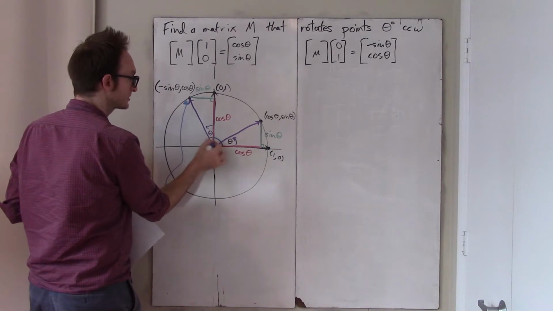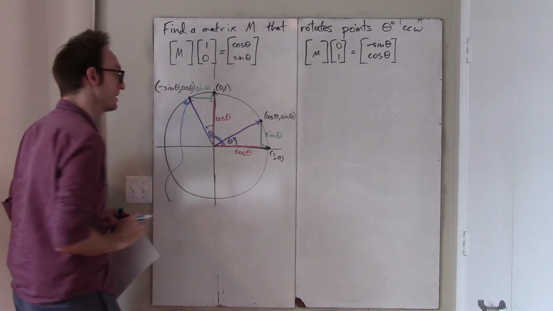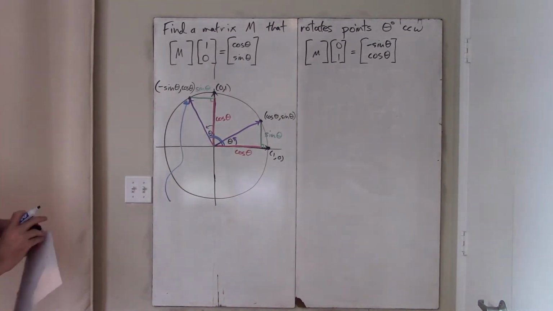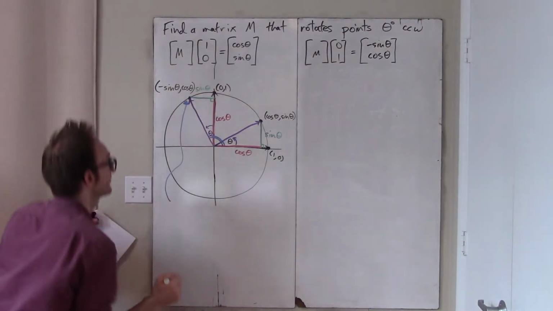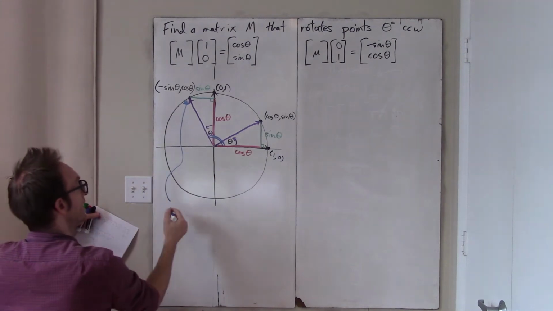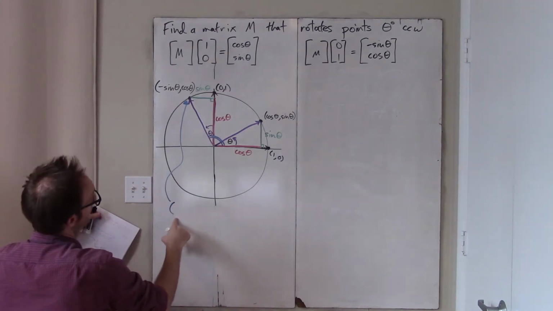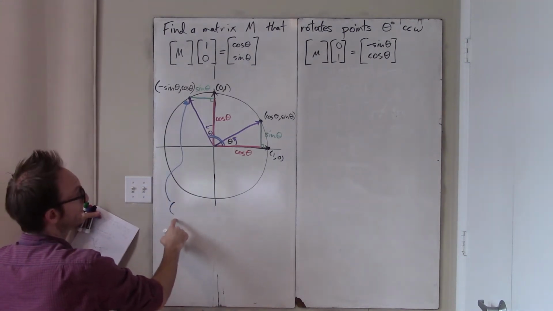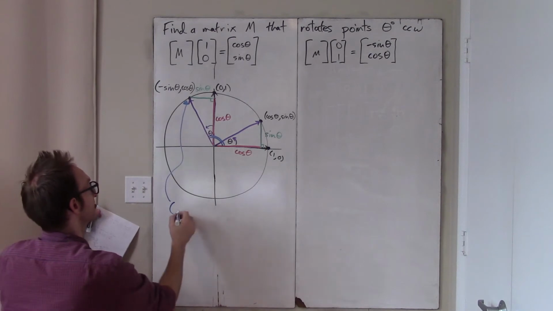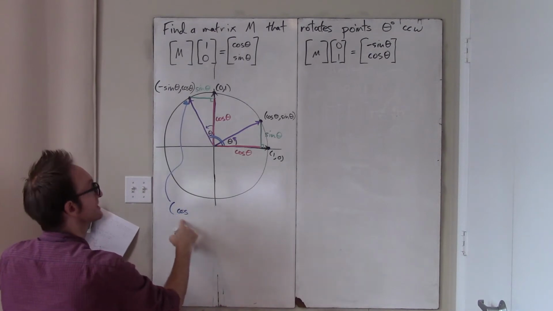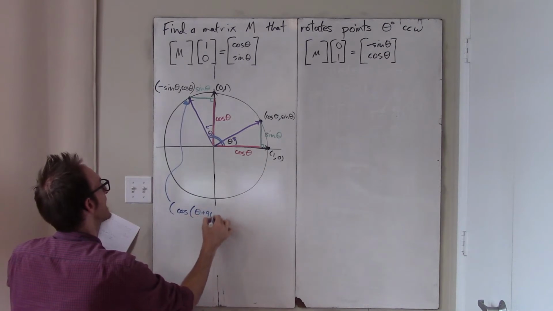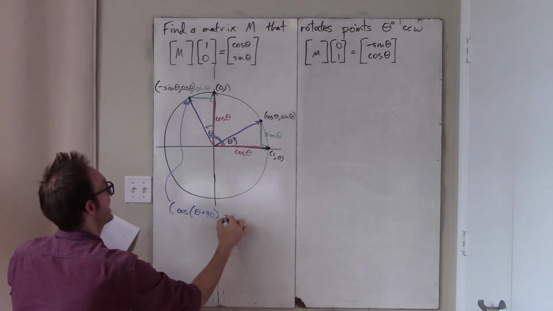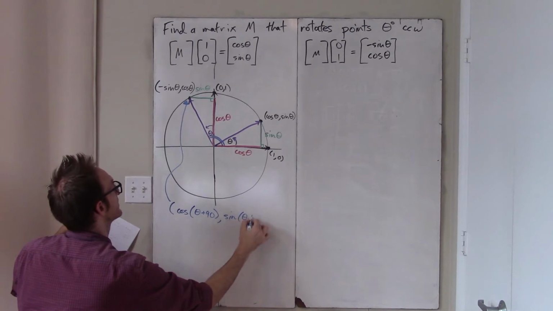What is this big angle here? Well, this big blue obtuse angle is in fact just 90 plus theta. And so by the definition of the trig functions, that point actually has coordinates, well, every point has coordinates (cosine, sine), but this time it's cosine of theta plus 90, and sine of theta plus 90.